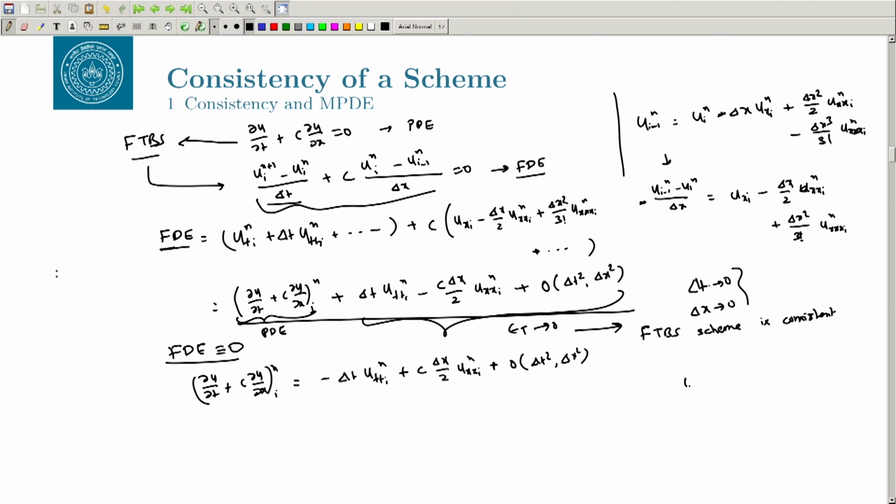Use the same relation that we had, u t t equal to c square u x x. So, this shall become minus c square delta t u x x, and this is c delta x by 2 u x x i n. I have to be a little bit careful here so that I do not make any mistake. I am getting a factor of 2 somewhere.